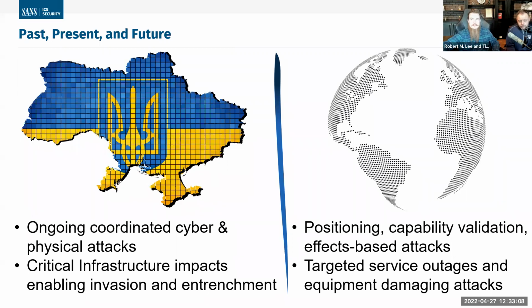In a similar way, we've been talking about this tit for tat back and forth that'll happen, where if sanctions are coming and impacting SWIFT and impacting financial environments, expect attacks to come against financial environments. If there are commitments and support from allied nations to assist if natural gas was impacted, and we're going to be assisting through LNG, assume port facility, terminal facility, maritime are going to be impacted.